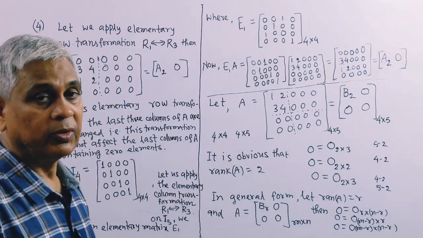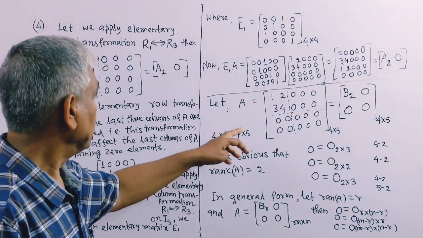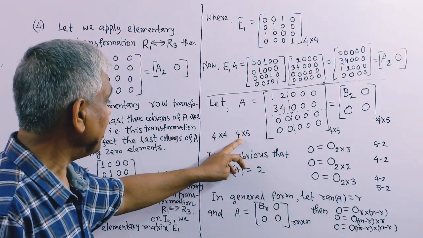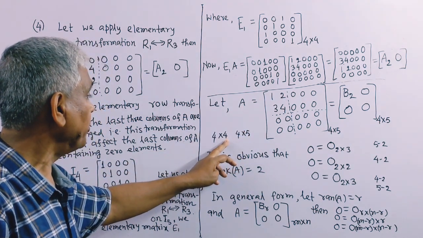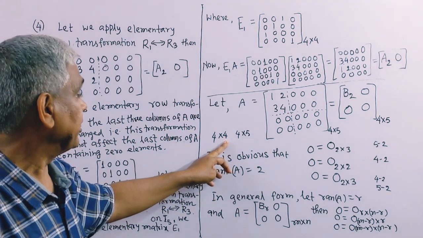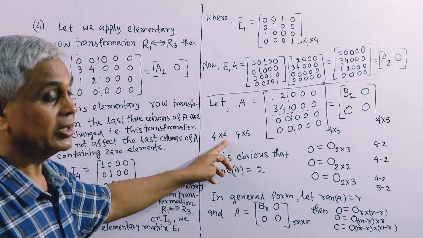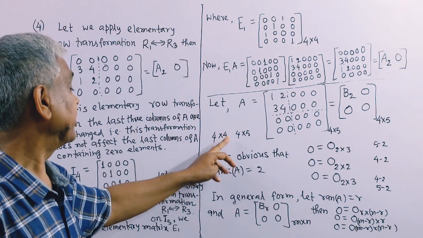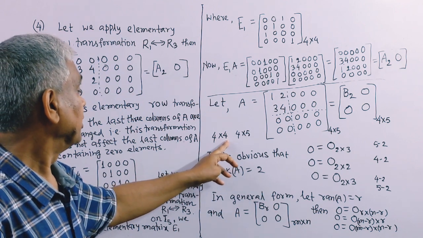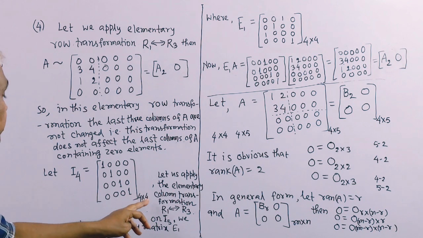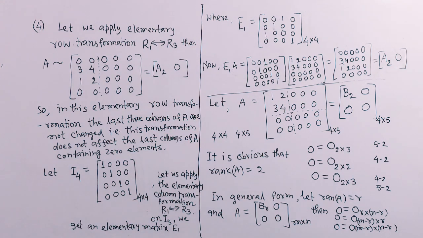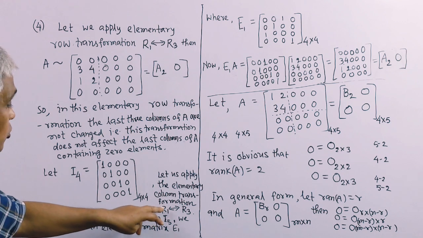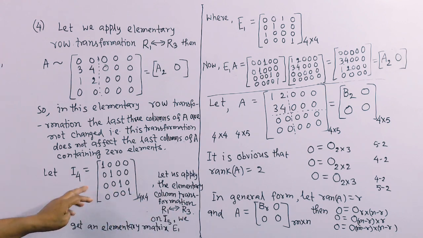For pre-multiplication of a matrix, the number of rows of A must be the number of columns of the pre-multiplied matrix. This is 4, the number of columns of the pre-multiplied matrix. So I4 must be 4 by 4. And we apply the same row transformation R2 double implication R3 on I4.